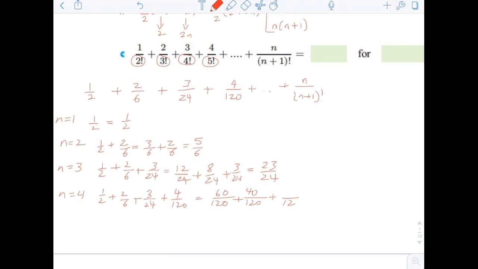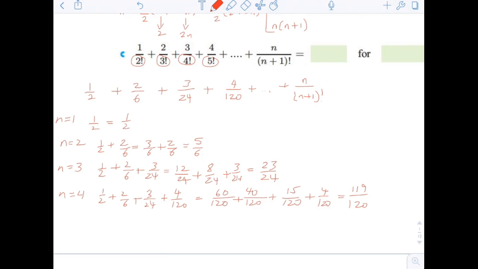And the next one would be 15 over 120. And the last one would be 4 over 120. And if you add these up, it would be 119 over 120. What a coincidence. Once again, the rule is that the numerator is 1 less than the denominator.